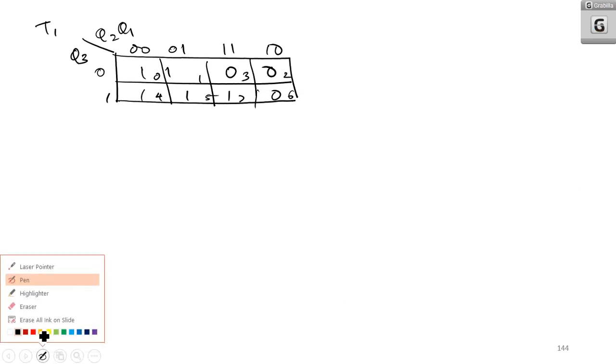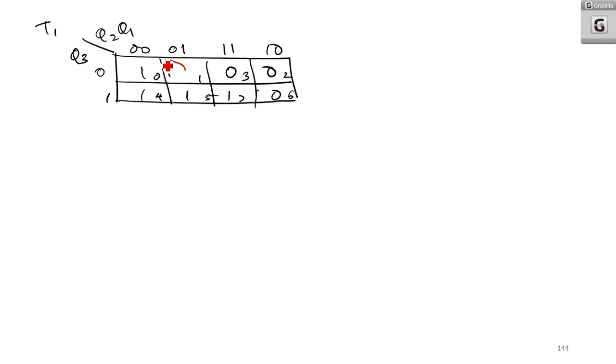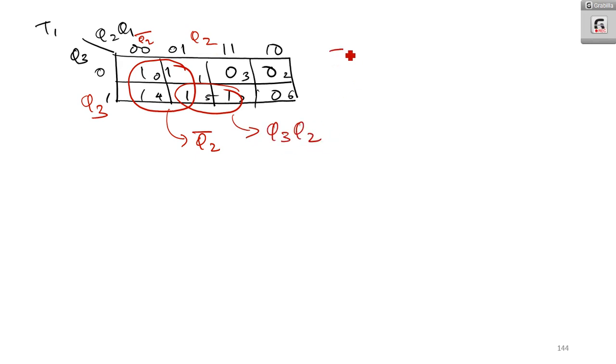Now how will I club? Now I can club these 4. If I am clubbing these 4, what is common? Q2 bar is common, right? So this is Q2 bar. Then I can club these 2. If I am clubbing these 2, what is common? Q3 is common along with Q2. So that is Q3, Q2. Therefore we can write T1 as Q2 bar or Q3 Q2. Now what is T2?